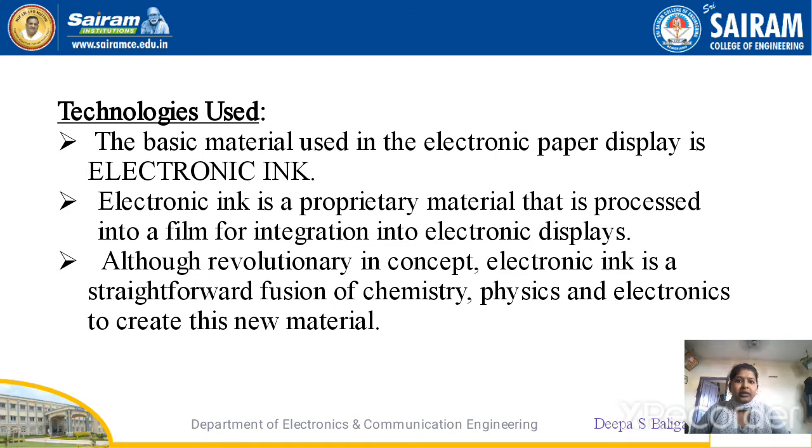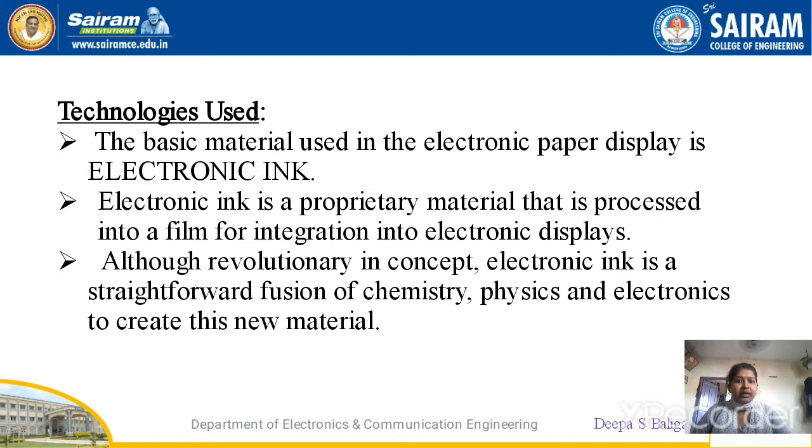Electronic ink is a material with properties integrated into the film of the electronic display. About the history of e-paper: after many years, Gyricon e-ink was created by Nick Sheridon after a wide range of study on tiny rotating particles, and many other creators also re-evaluated the concept.